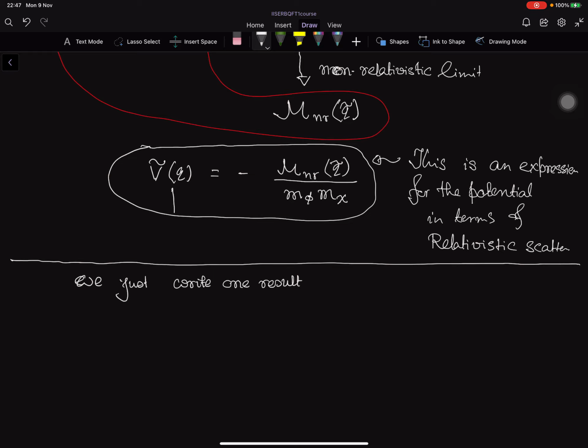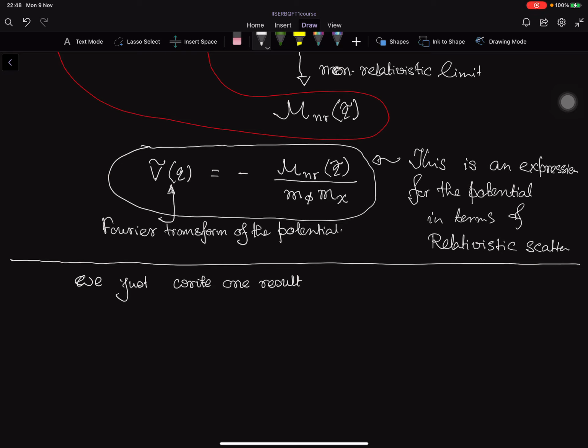Firstly, note that this is the Fourier transform of the potential. So whatever these things give, it gives a Fourier transform of the potential. We want the real space potential in terms of the space-time coordinates.